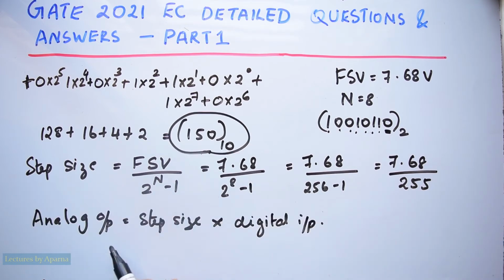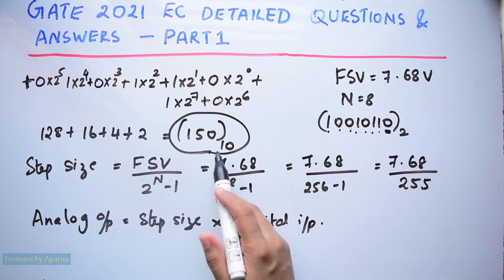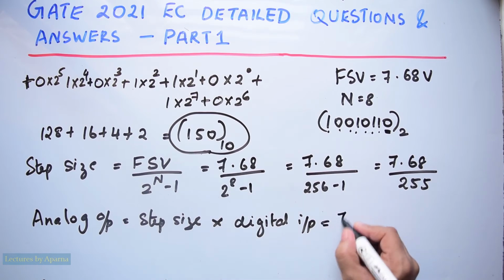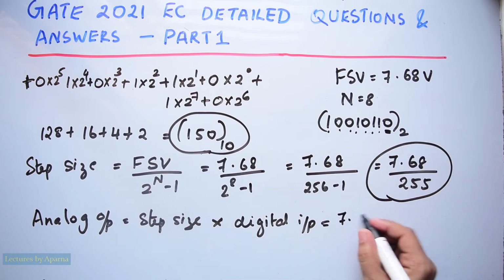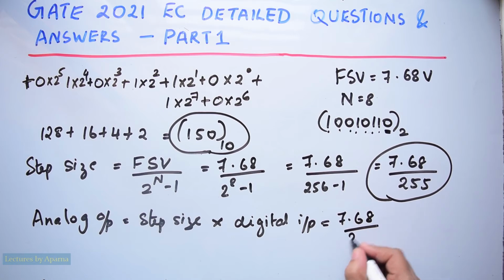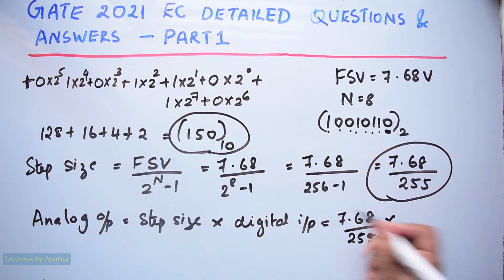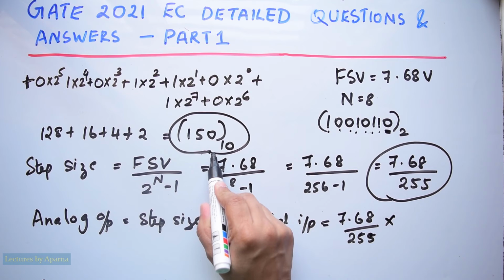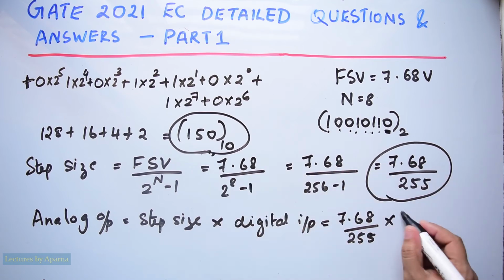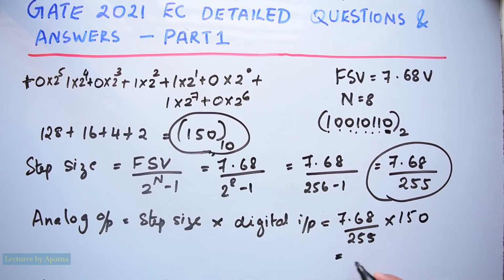Now analog output is equal to step size into the digital input. That is equal to 7.68 divided by 255 into 150, which is equal to 4.517 volt. So the answer is 4.517 volt. Now let us see next question.